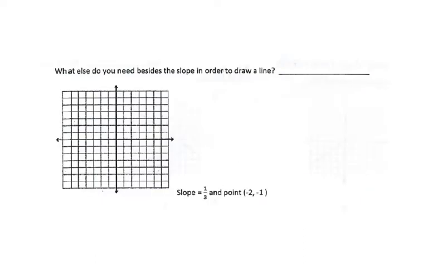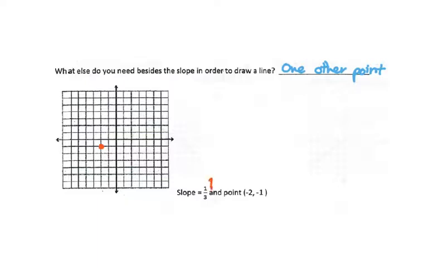So to draw a line, I just need the slope and one other point that the line goes through. So it says this line goes through -2, -1, left 2, down 1. And the slope is 1/3.